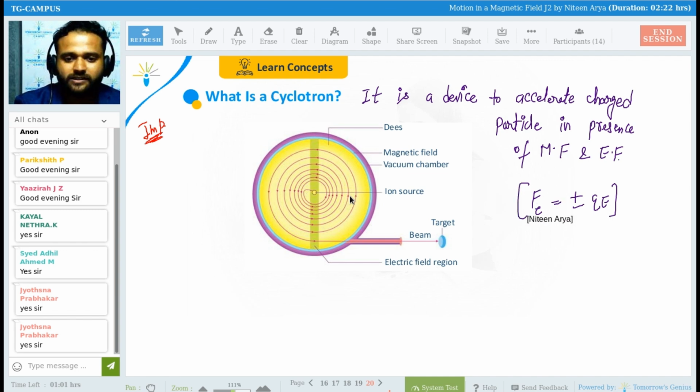Due to this, starting from this point, the circle keeps increasing, again and again, and when we know this is the approximate velocity we require, we throw it out. Is this clear, everyone?